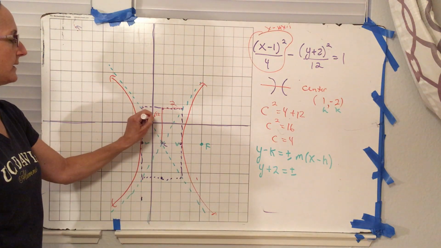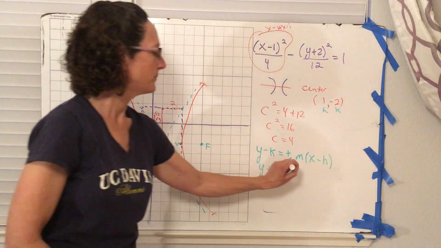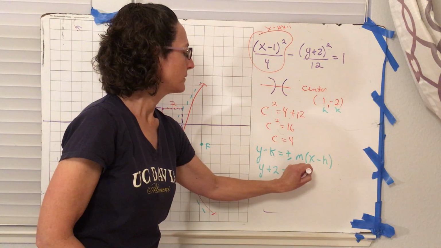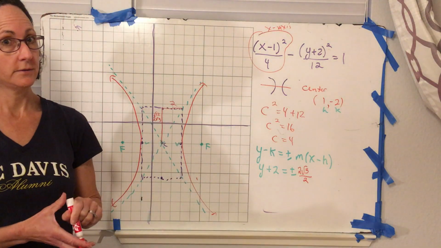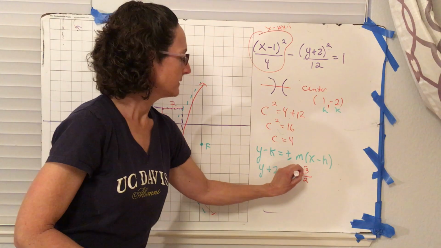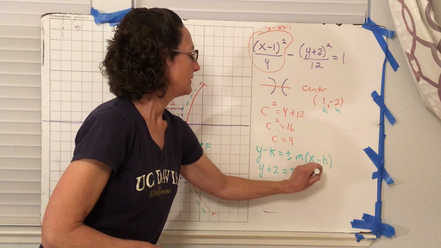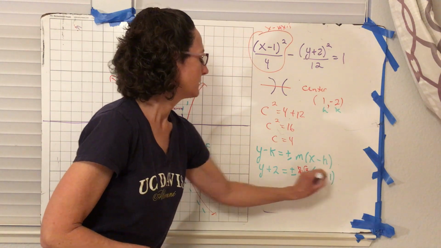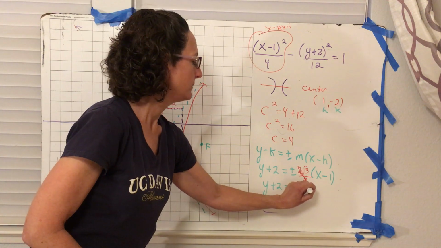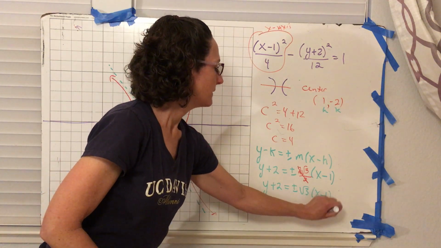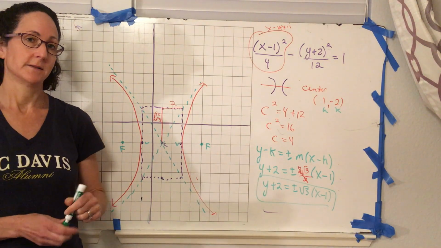But of course, root 12 is 2 root 3, so make sure you reduce that. So the slope is 2 root 3 over 2, which reduces. Those 2's cancel, so you just get root 3, and then you get x minus 1. Let me just write that a little neater. y plus 2 equals plus or minus root 3 times x minus 1. Those are the equations of the asymptote lines.